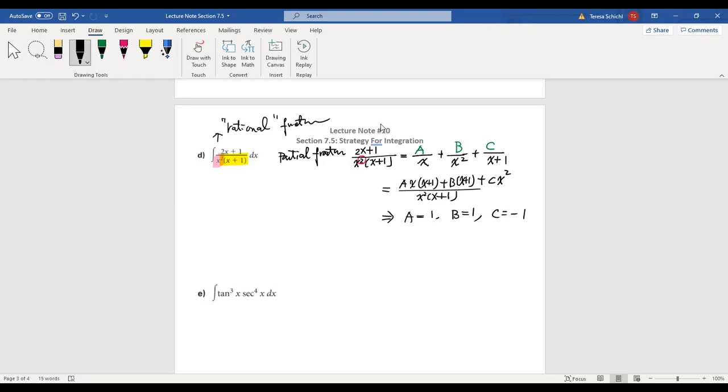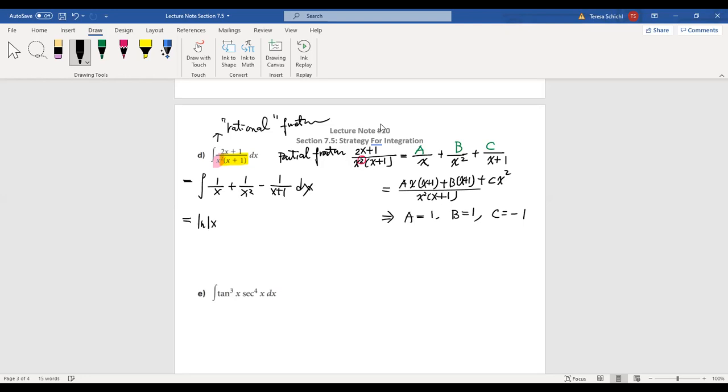So this is very standard partial fractions. Now I can rewrite this: A is 1, so it's 1 over x, plus B is 1, so it's 1 over x squared, minus, since C is -1, x plus 1, dx. All right, so this is a super easy integration. What is 1 over x?